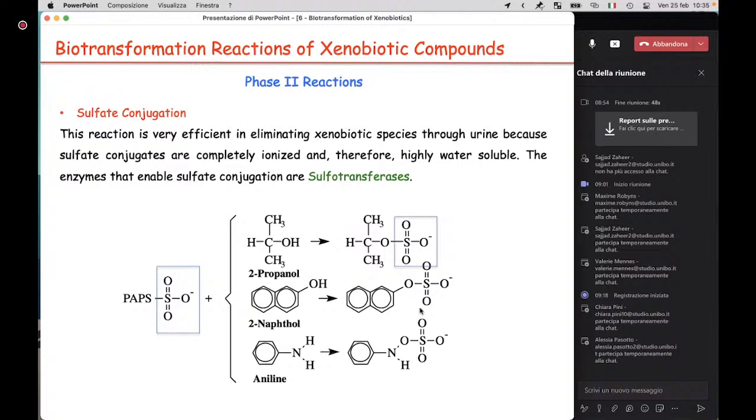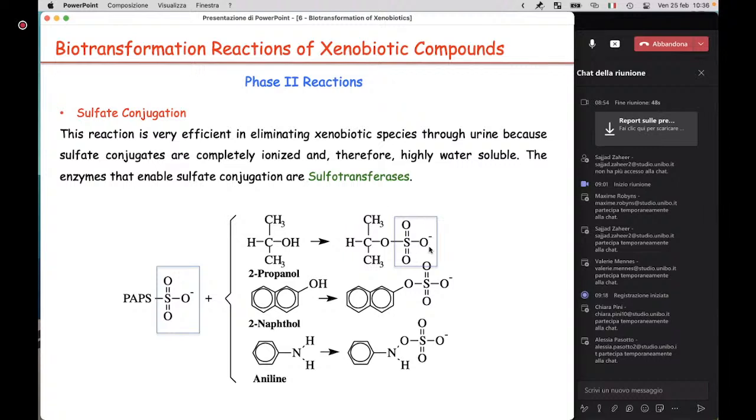Sulfate is a good conjugation group because it is permanently charged here, okay? You may remember that sulfuric acid is strong, is in fact a very strong acid. And so the sulfate group is very strong.